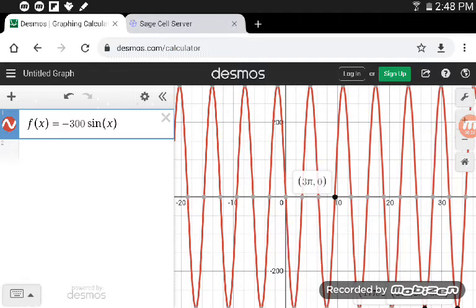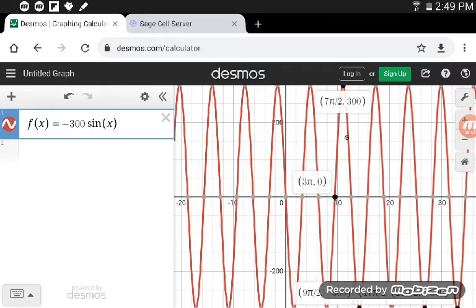I can't make it any bigger or smaller with my fingers, but what we see is here's our function, and this is the derivative. When is the derivative biggest in absolute value? Here and here. And where are those spots?